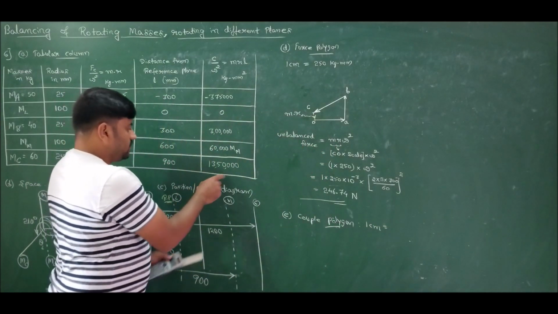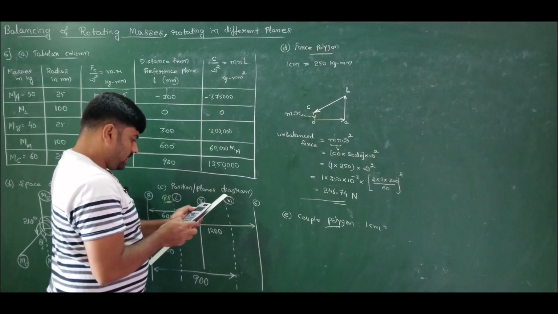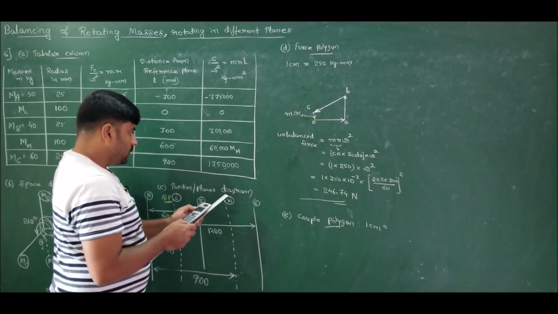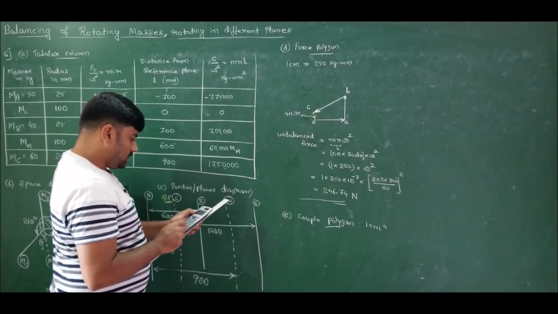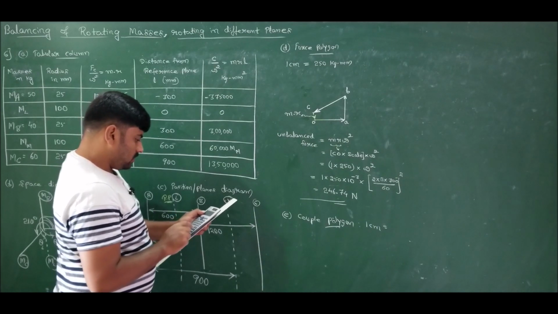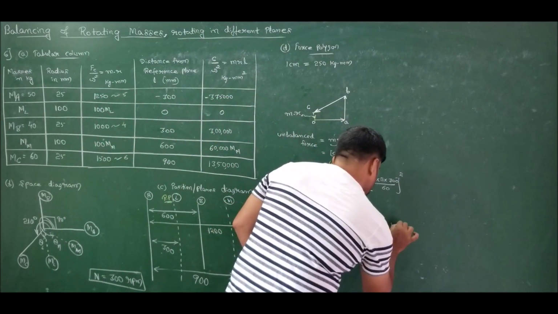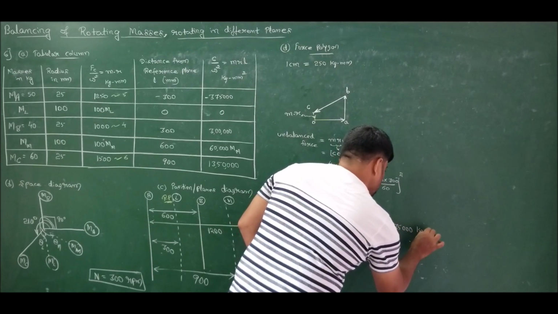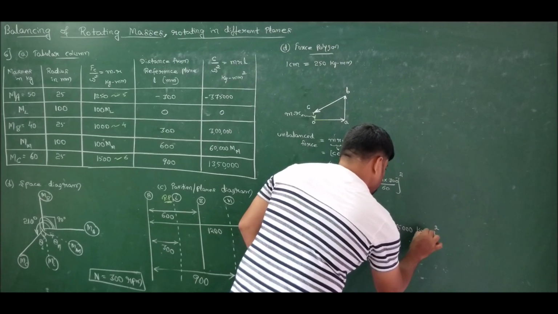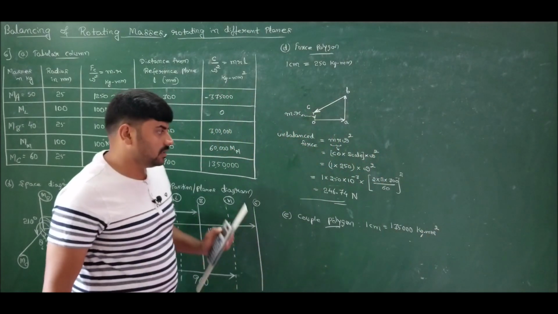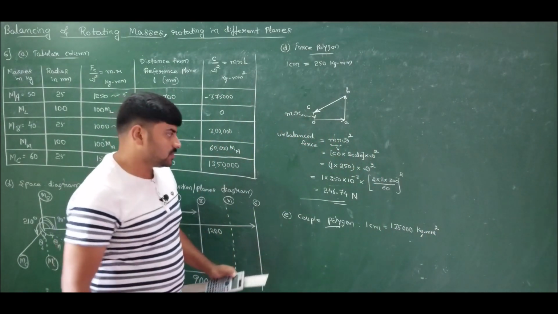This maximum value is equal to 10 centimeters. I will take 1500 into 900 equal to 10 centimeters. Therefore 1 centimeter will become 1,35,000 kg mm square.